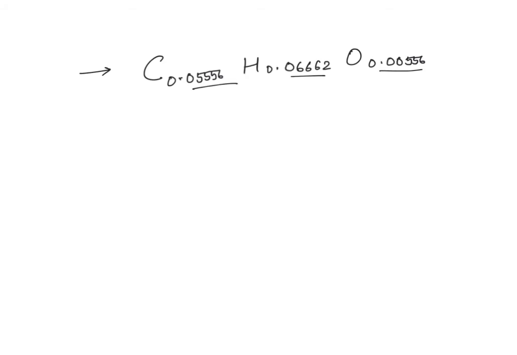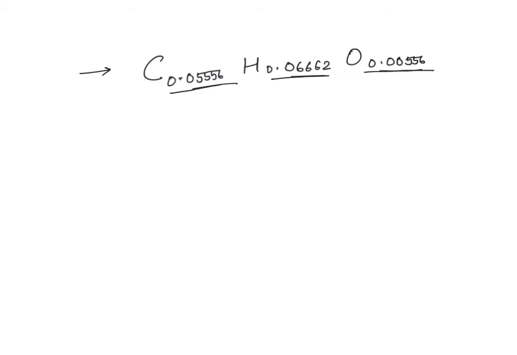So if you think about it, in this compound there is 0.05556 moles of carbon, 0.06662 moles of hydrogen, and 0.00556 moles of oxygen. Obviously, we cannot write the formula for a compound like this. We have to have whole numbers here. So we take the moles of each element and look at these numbers.